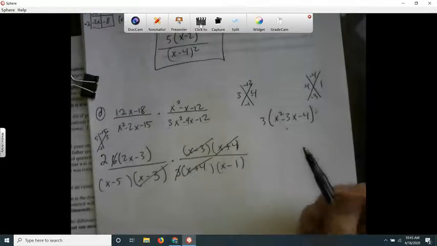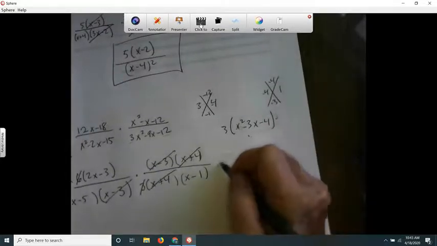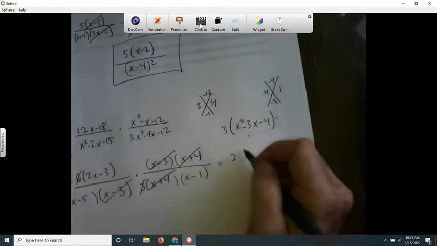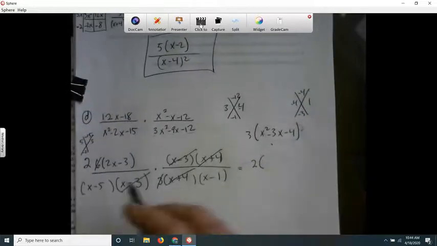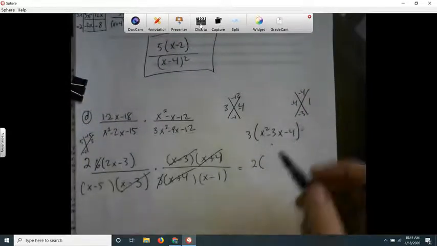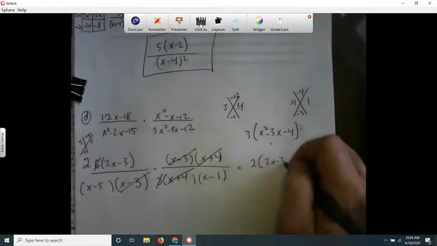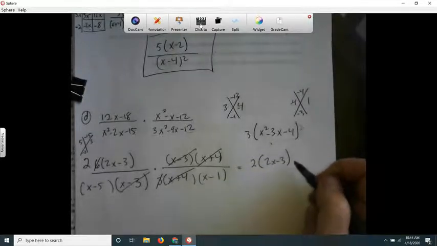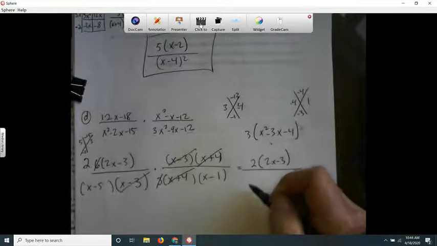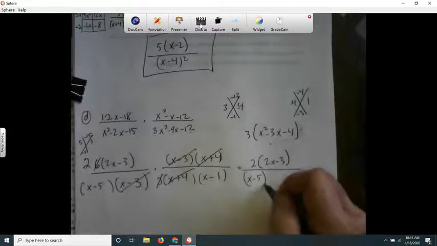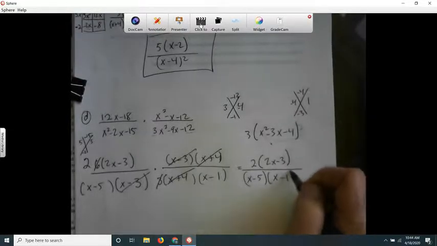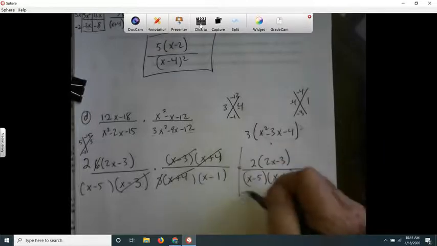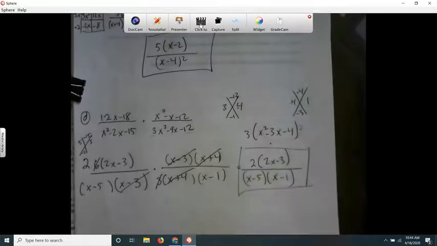And so on top, I have 2 times 2x minus 3. And on the bottom, I have x minus 5 times x minus 1. That's all I have. And that was letter D.